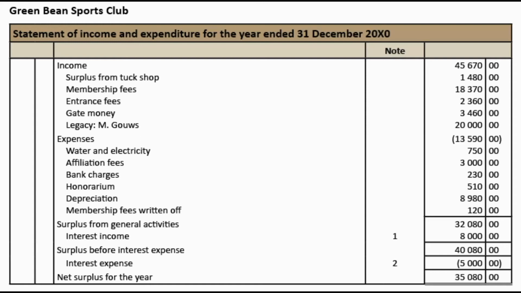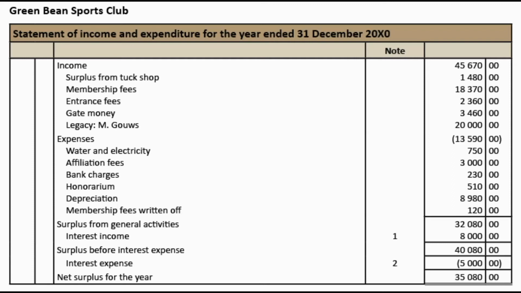If you look at that legacy M Gous account, which you were supposed to open, on the credit side there was a total of 30,000. And then on the debit side, there is an entry for accumulated fund, 10,000. So the balancing amount that we're going to transfer to the income and expenditure account is 20,000. And that is where I got that 20,000 from.